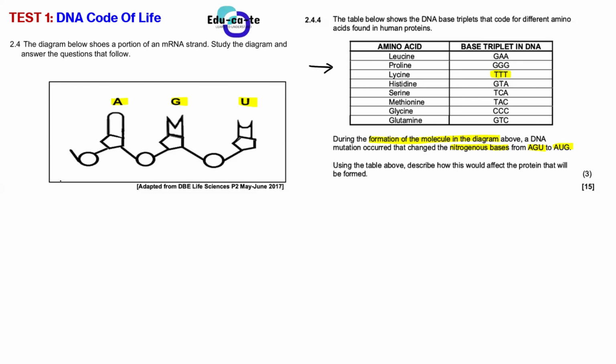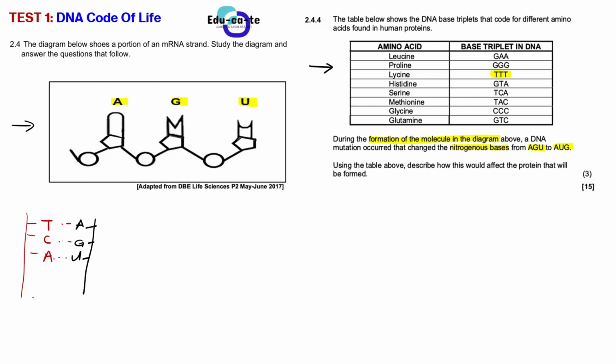If we had AGU as the mRNA codon at first, the one that is given in the diagram, the DNA-based triplet for that, we have already worked out on question number 1. We said it was supposed to be TCA, isn't it? Yes, sir.